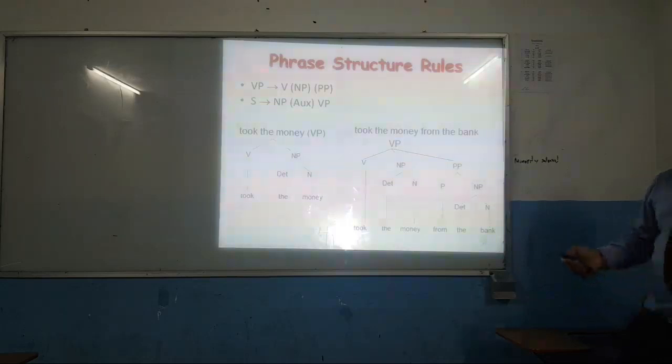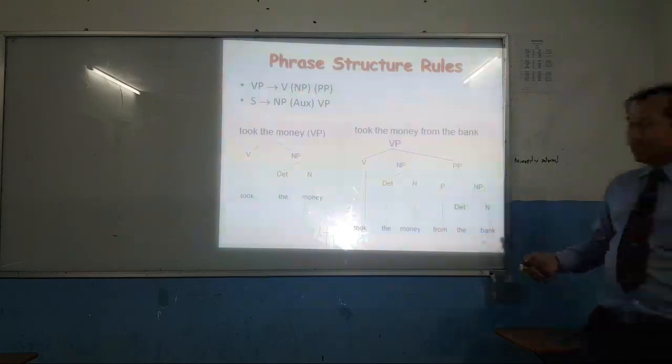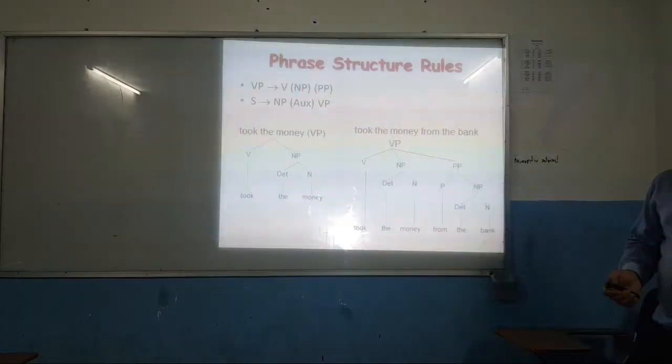In the verb phrase we should have a verb, noun phrase, or prepositional phrase. So everything is optional. And for the sentence, it should have a subject. We should have a noun phrase, auxiliary verb, and verb phrase.